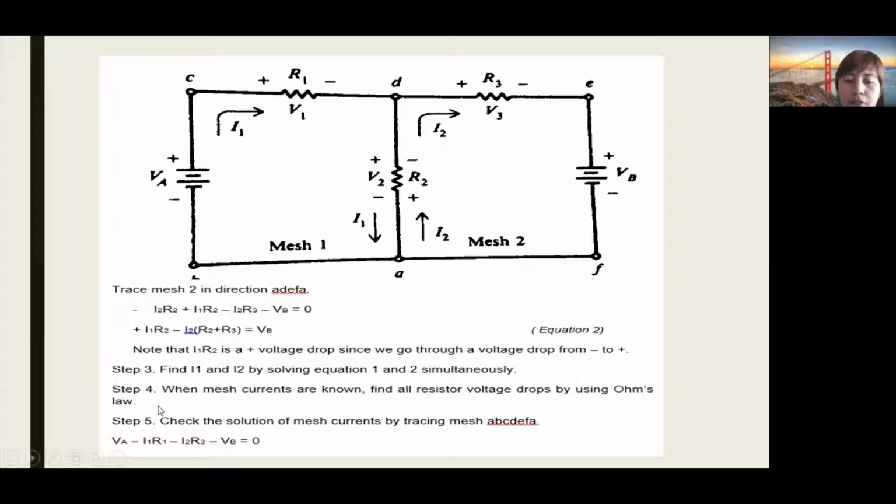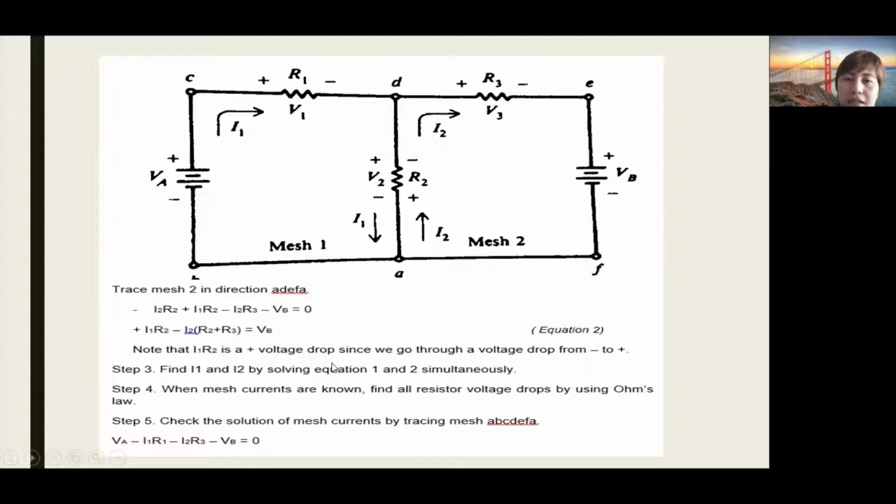After step 4, when all of the currents are already known, step 5 is to check the solution of mesh currents by tracing mesh A, B, C, D, E, F, A.